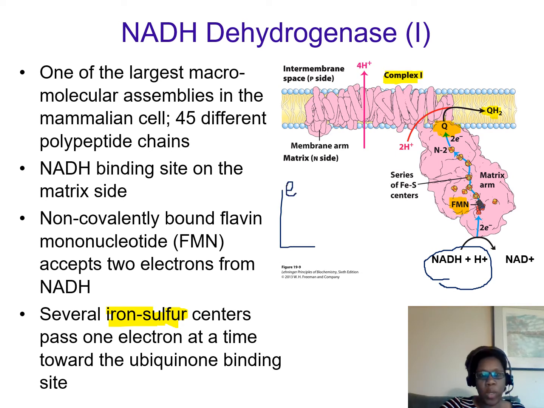The electrons were in 1 electron carrier and went slowly downhill to other electron carriers, FMN, and the iron sulfur centers, and then finally to Q. Every time they transfer those electrons, they release some energy.